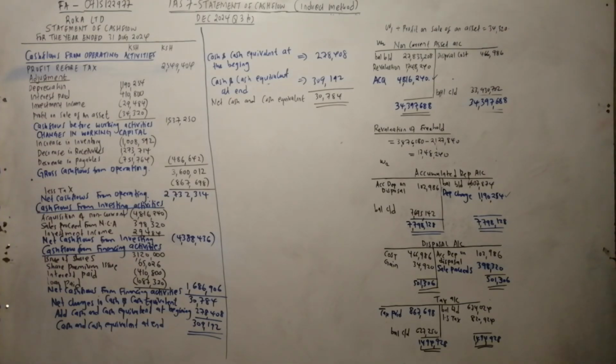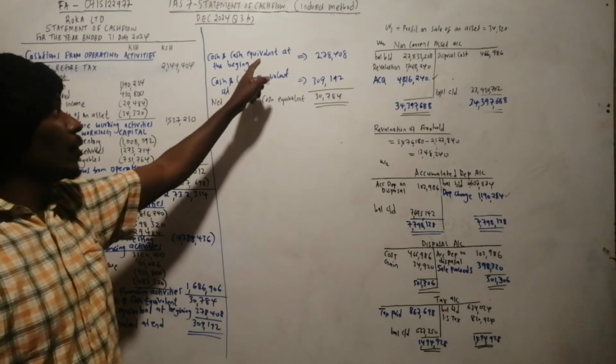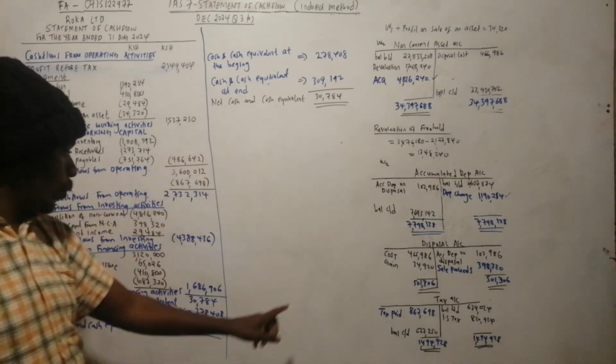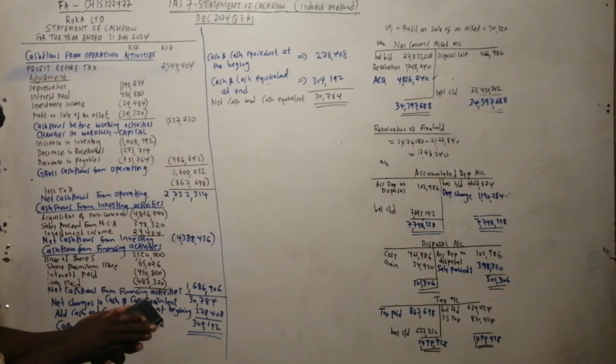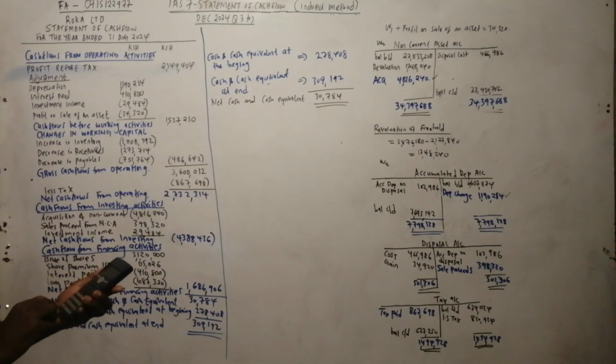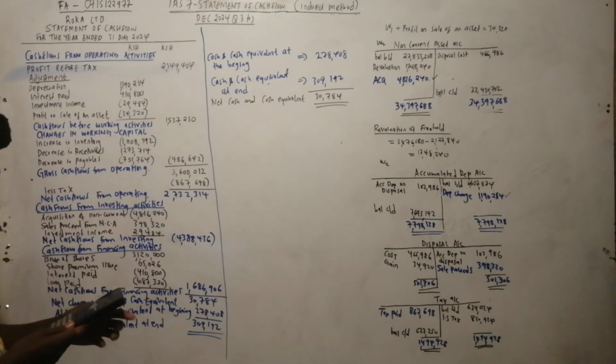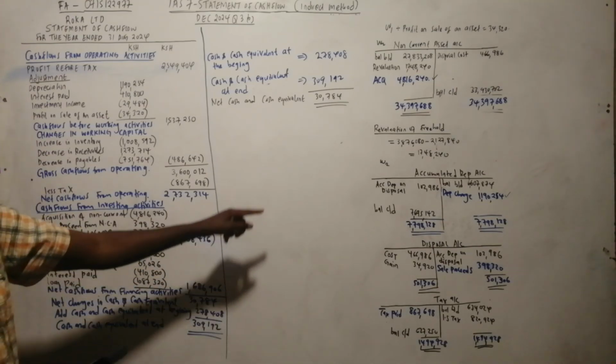So in the exam, the net cash flow you can get from your cash and cash equivalent directly. What you get here must be what you get here. So taking 2,732,314 minus 4,388,436 plus 1,686,906 gives you 3,784, and that is the increase.